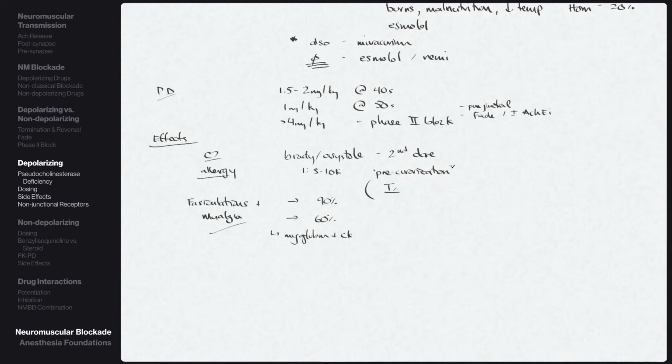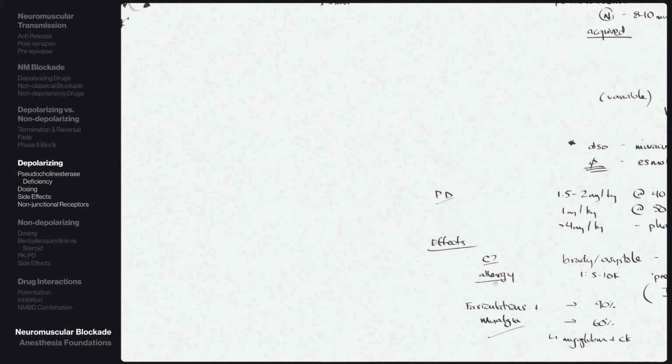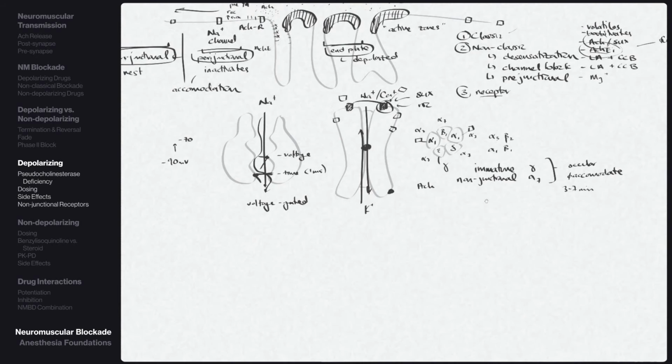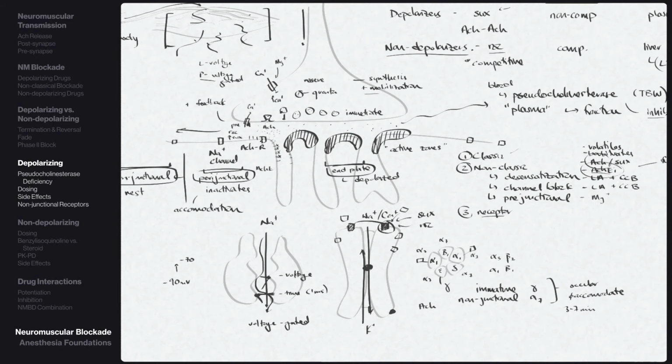And so the thought process that we'll show on our neuromuscular junction is that somehow a small dose of our neuromuscular blocker will prevent the mass depolarization and fasciculations that we see, but still have the blocking effects that we see when we have succinylcholine finally bind to these receptors.